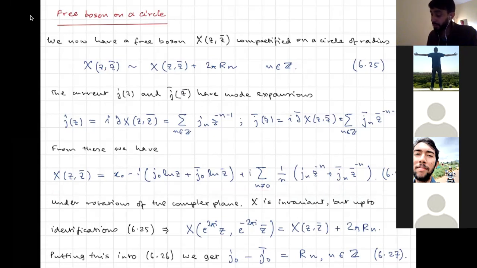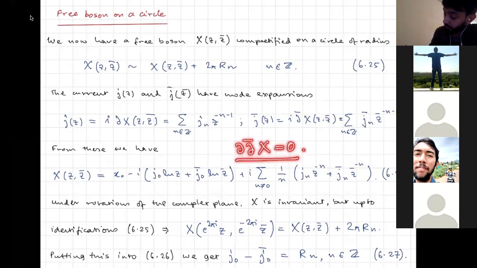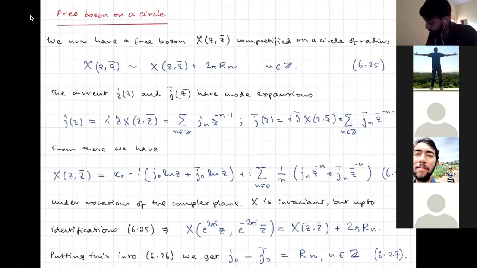One way to check this is that you know that del bar of X is equal to 0 is your equation of motion. If you plug this into the equation of motion, you will see that that particular thing goes through. Very good. So this is our mode expansion, which is 6.26.